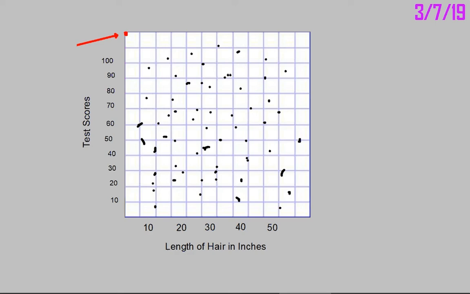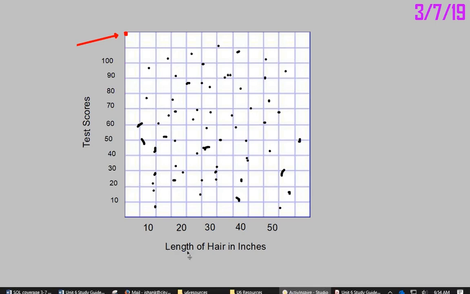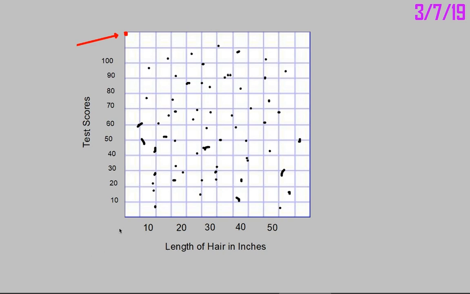And so an example of that would be like this. I personally like this one because it's as the length of your hair increases, well, what happens to your test score? Obviously, there's no correlation at all with this because, let's be honest, I'm at 0, but I'm way past 100.